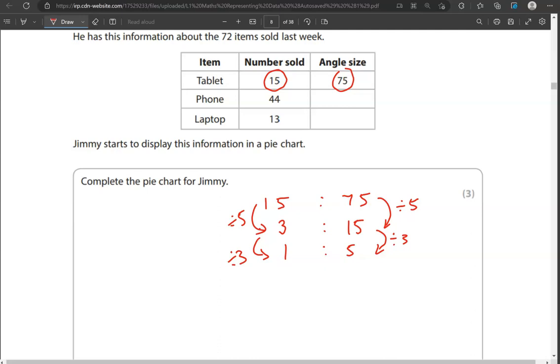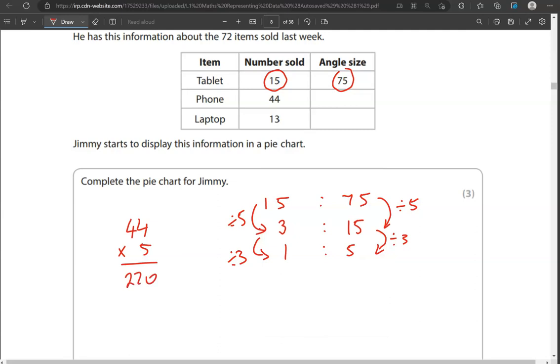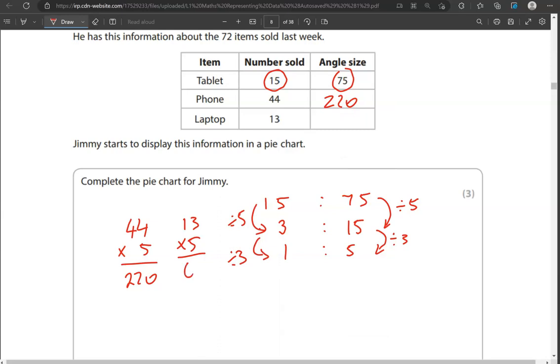So what we're going to do is multiply 44 by 5 and 13 by 5 to work out the respective angles within the pie chart. So that is 220 for the phones, and for laptops that will be 13 times 5, which is 65.